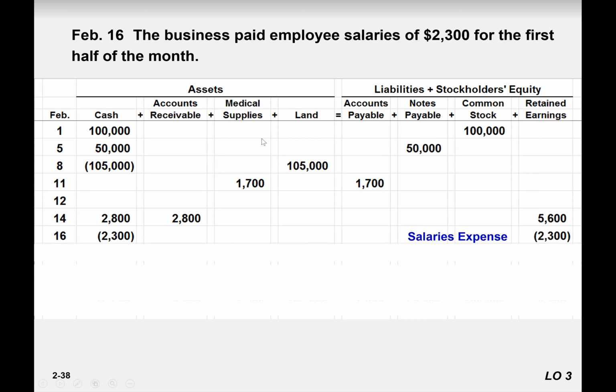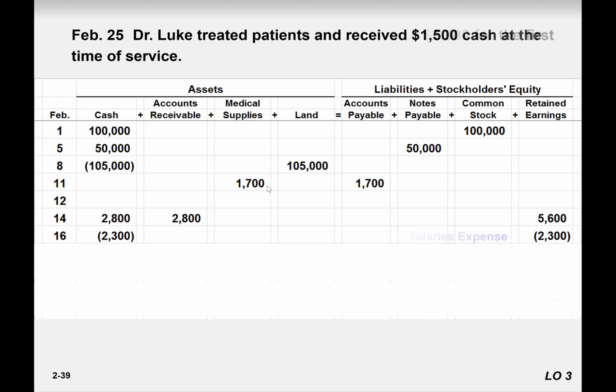February 16th, they paid salary, so cash decreases and expense increases, meaning retained earnings decrease. The 25th is basically your sales because you treat a patient, so cash increases and sales increase.